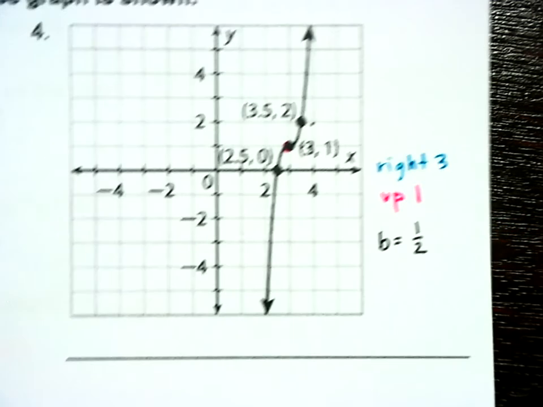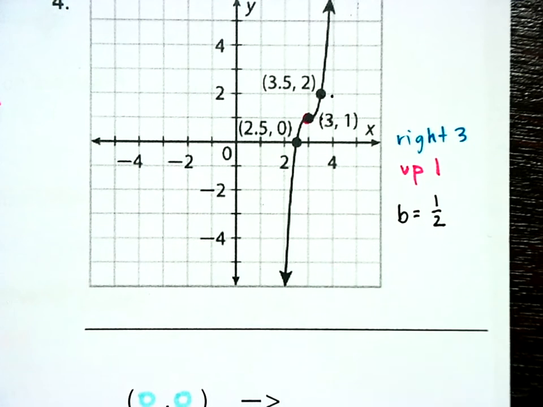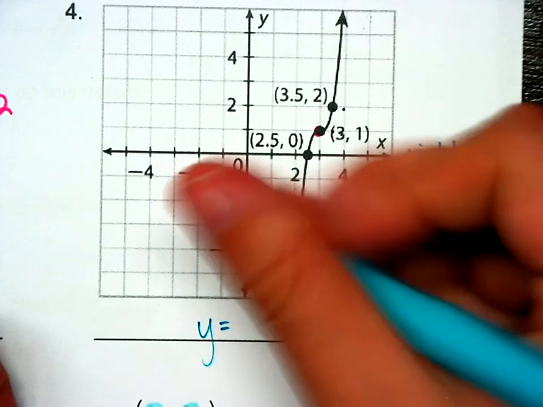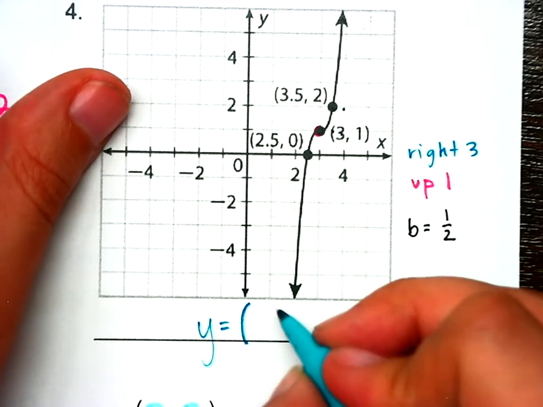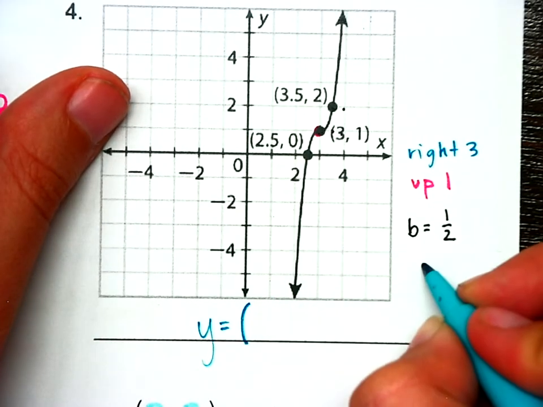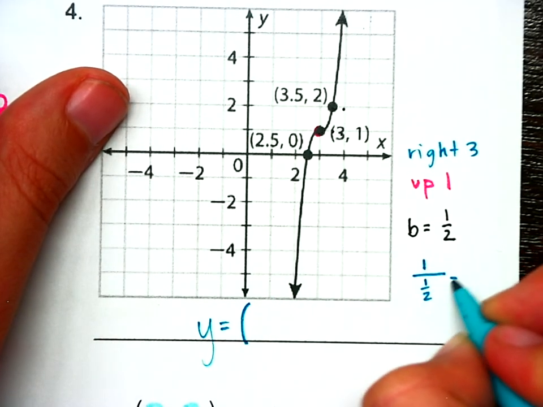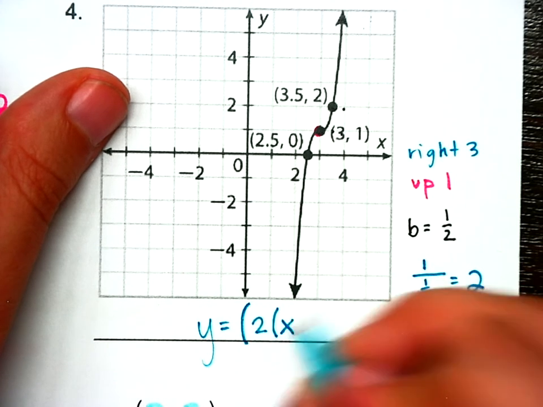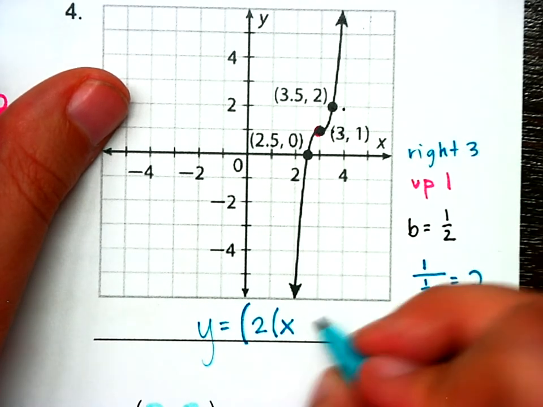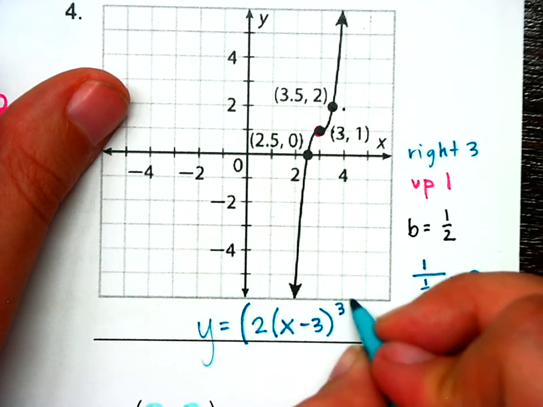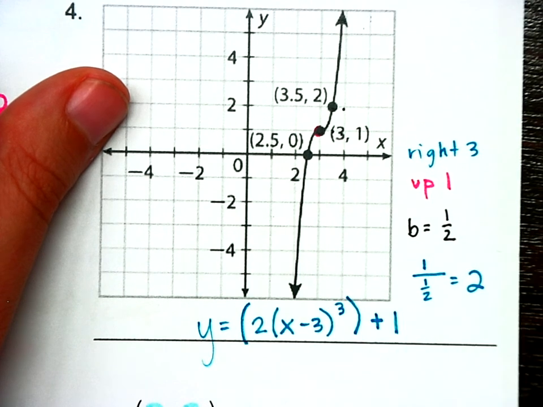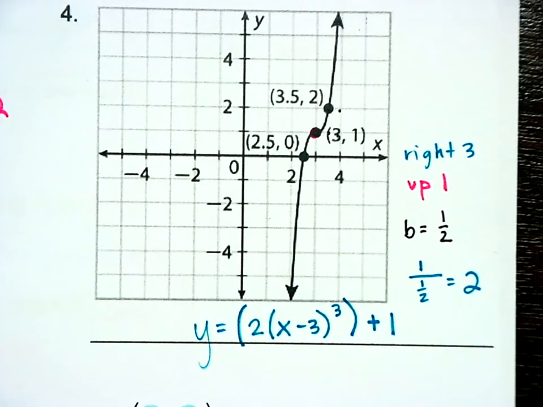Okay, let's get to writing. So I'm going to write this in blue this time. We've got y equals, and then that b value is going to be in parentheses. So I've got 1 over 1/2. Hey guys, if I write 1 over 1/2, that just equals 2. So I'm going to write 2x minus 3, and then we have up 1, so plus 1, just like that.